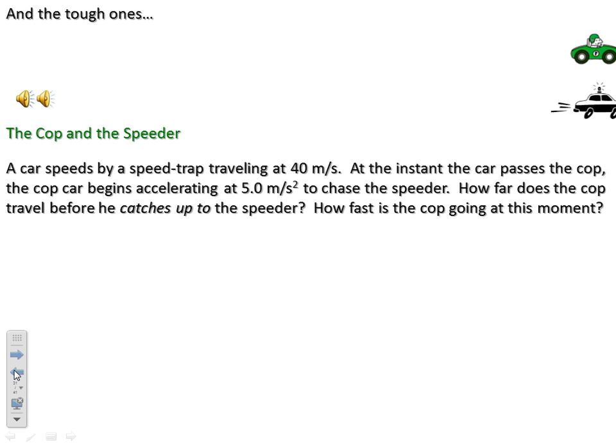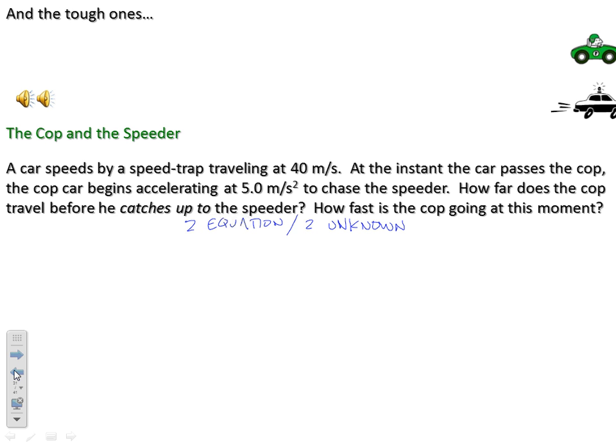So how far does the cop travel, and how fast is he going? There's a lot of things we don't know here. So this, whether or not you know it, is called a two equation, two unknown problem.